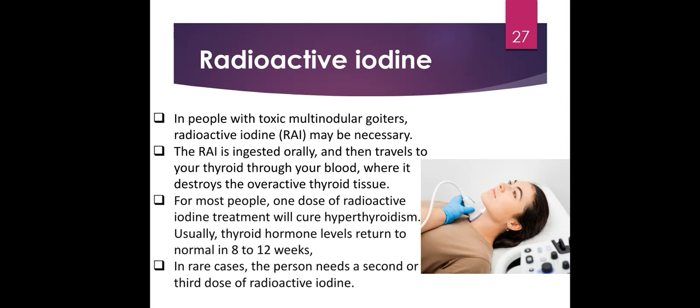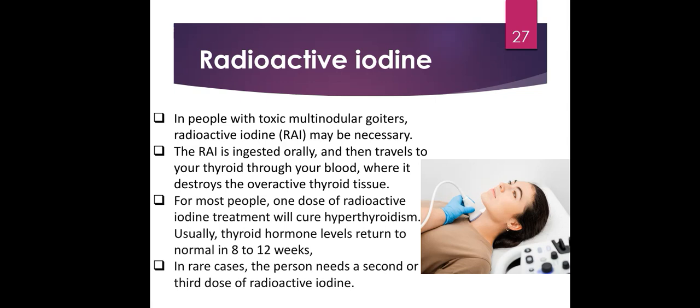Radioactive iodine. Radioactive treatment is the most important treatment, and in people with toxic multinodular goiter, radioactive iodine may be necessary. The radioactive iodine is ingested orally, and then it travels to your thyroid through your blood, where it destroys overactive thyroid tissues.